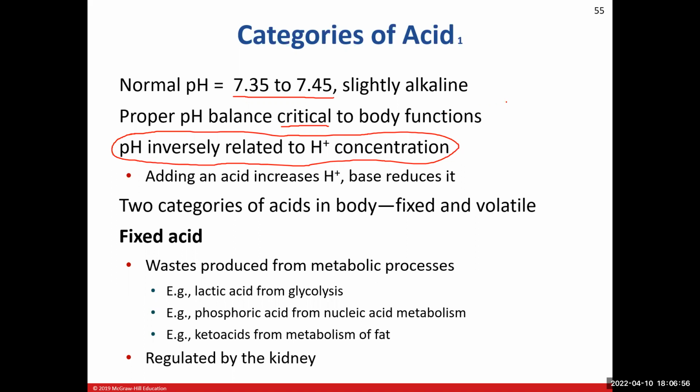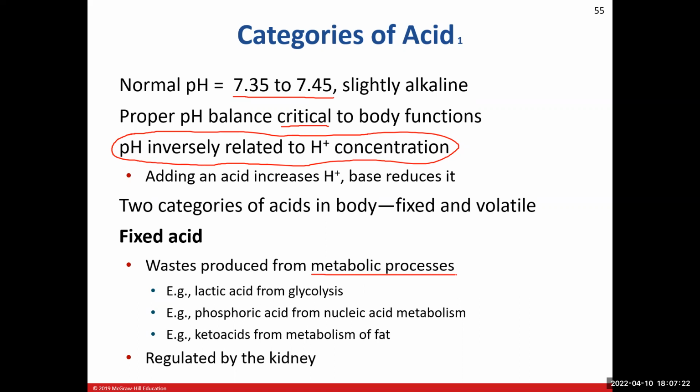So there are two types of acids that we see in our body, both fixed and volatile. Our fixed acids come from metabolic processes. For example, when we are exercising and working out, and we start to break down glucose through glycolysis, and we lack oxygen, then glycolysis will start to produce lactic acid.